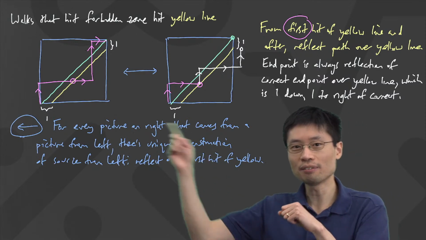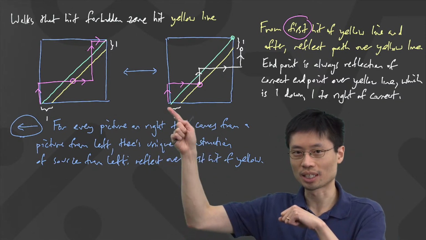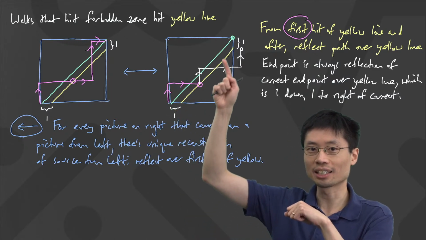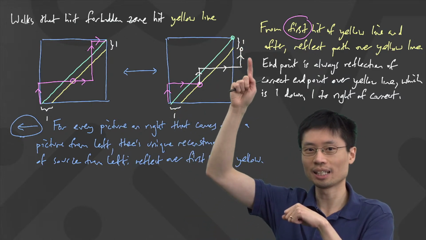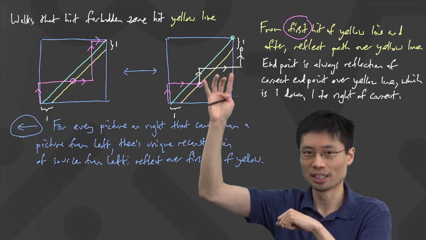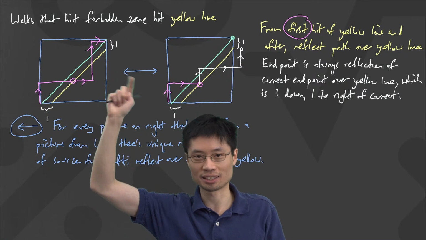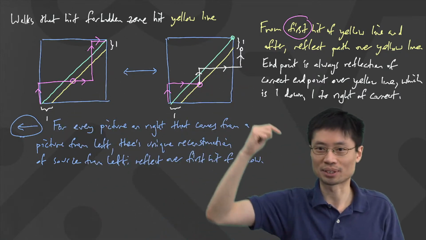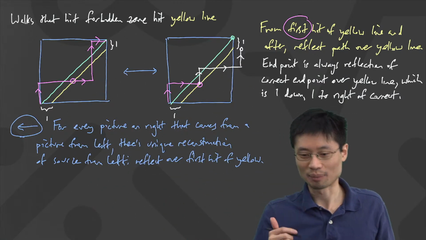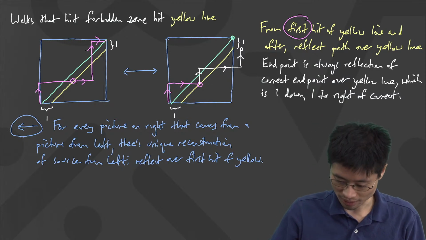I claim that every single picture you draw, where you start from the starting point and you end at the reflected endpoint, I can point to a picture on the left, which is a bad path that touches yellow, that gave that picture. I'm going to write that down in words because that's important.